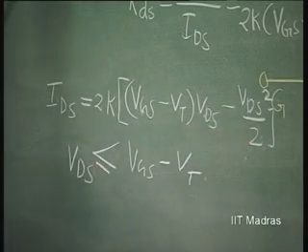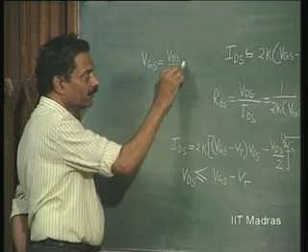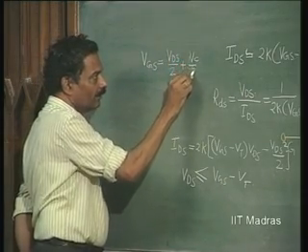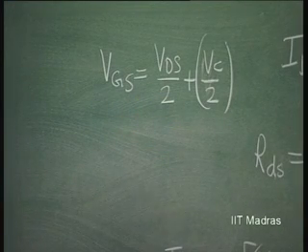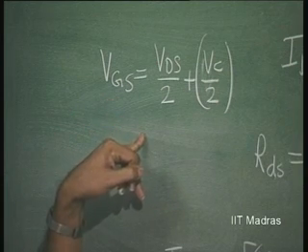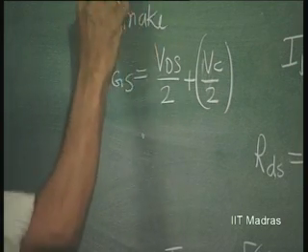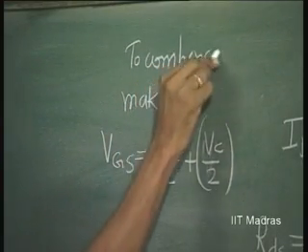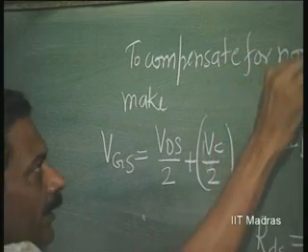So, I will make VGS equal to VDS by 2 plus, let us say, VC by 2, some control voltage. This is an independent voltage, but I will make VGS equal to this to compensate for the nonlinearity.